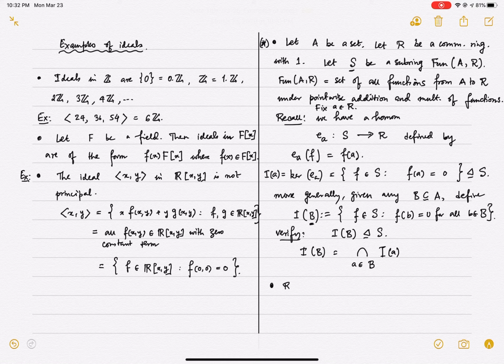So you let R be the ring of n by n matrices with real entries, let's say.